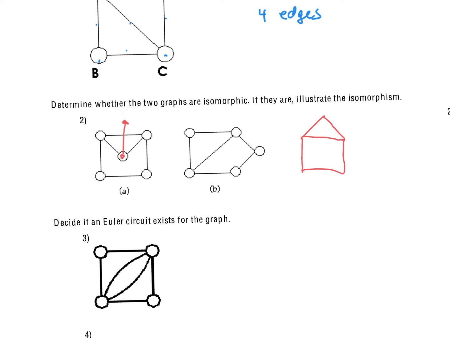And that's the same that we have on this graph, a triangle followed by a four-sided figure. So both graphs do have the same structure and the same relations. So that means that yes, they are isomorphic.